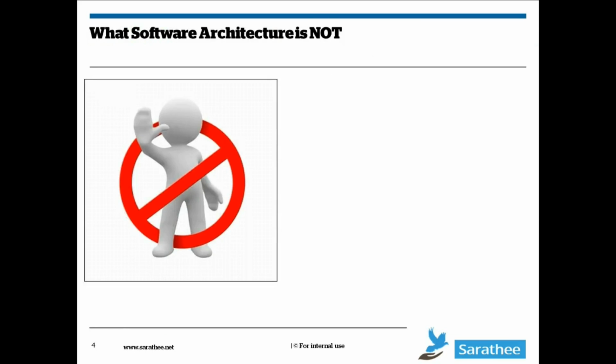Before we go into what software architecture is about, let's spend some minutes on what software architecture is not. Traditionally, software architecture has been associated with big design up front, like the waterfall style projects, where a team would ensure that every last element of a software design was considered before any code was written.